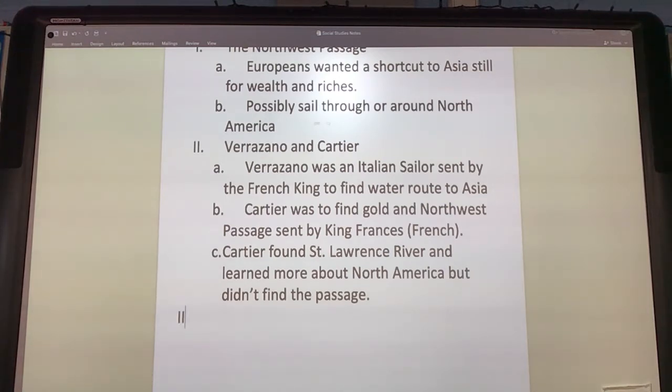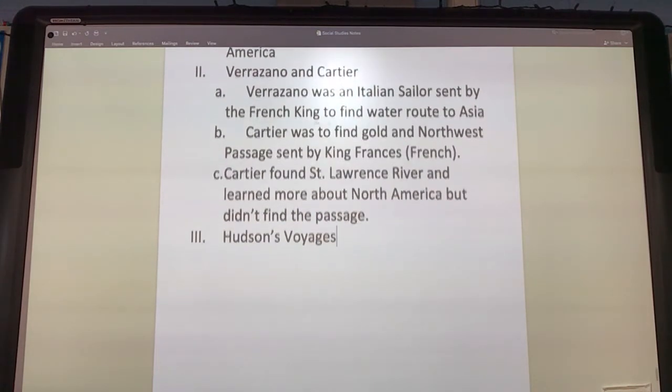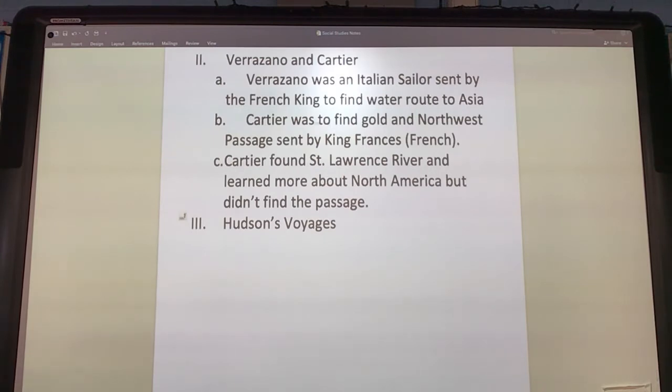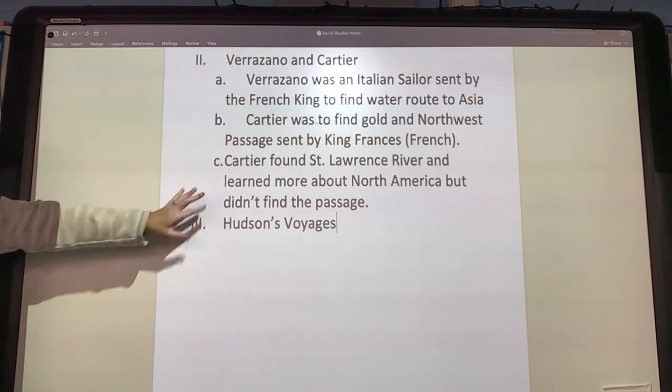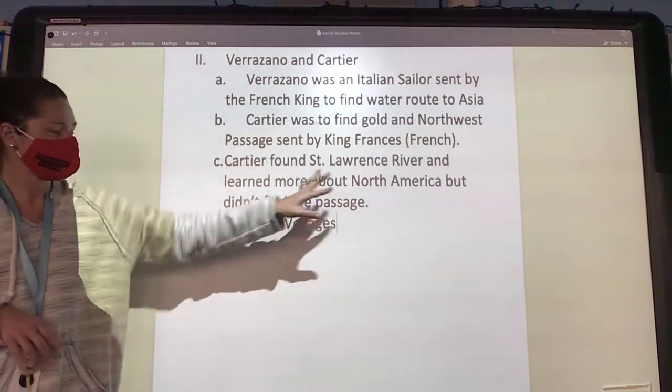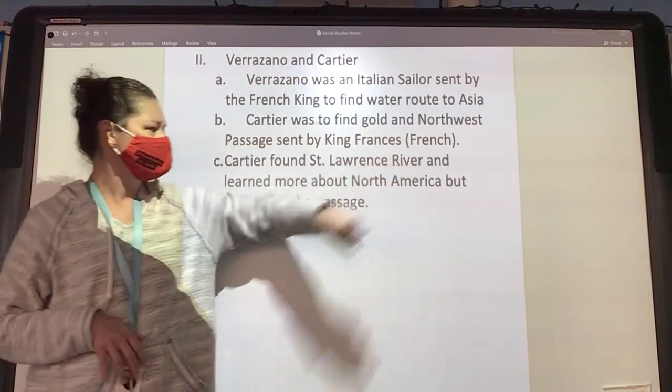There's too much to write. That's probably hard to make out there. How's that? Can you see where we're at? So we just added this. Okay, and you can abbreviate things. So river, you might write RVR instead of writing the whole word out.